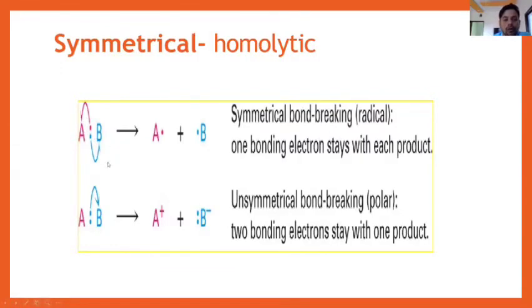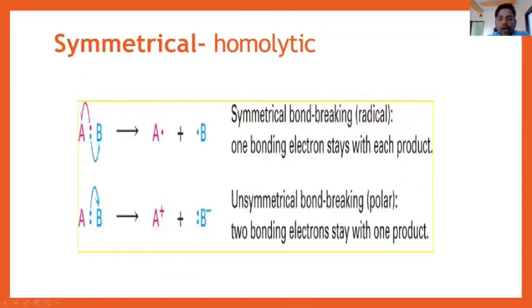Now look at this arrow. This fishhook or half-headed arrow is used because there is a transfer of one electron. When both electrons are transferred, or charge is transferred, then you use this double-headed arrow. So in the symmetrical cleavage, one electron is transferred to B, one electron is transferred to A, and there is formation of A radical plus B radical.